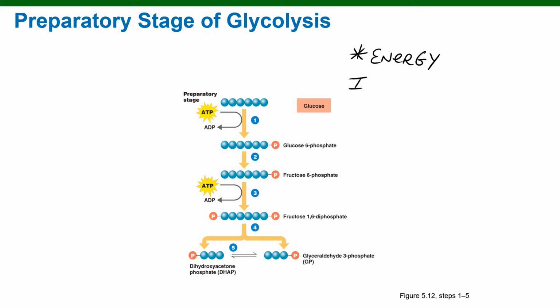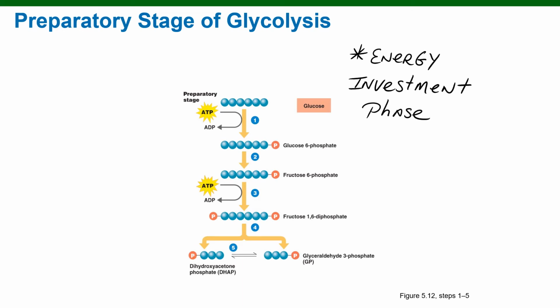So the first 5 steps are not something that generate excess energy for the organism. This is a time when the organism is performing these steps so that there's a payout during the second 5 steps.